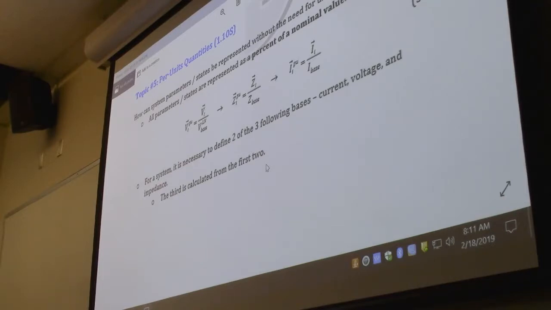So if I tell you that a given transformer has a line to neutral rated voltage of 120 volts, and then I tell you that the voltage across the terminals is 110 volts, then the per unit value would be 110 over 120. Okay?